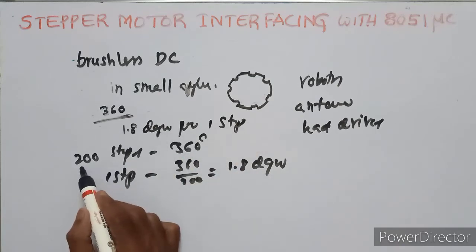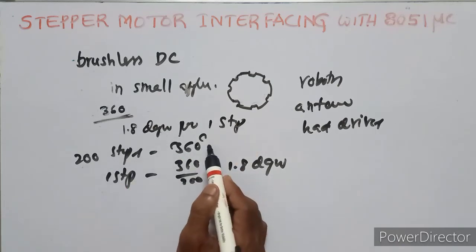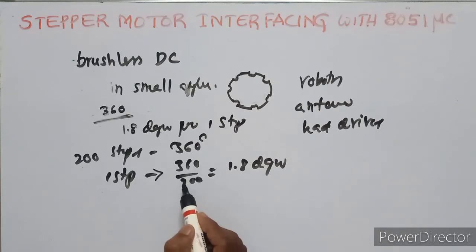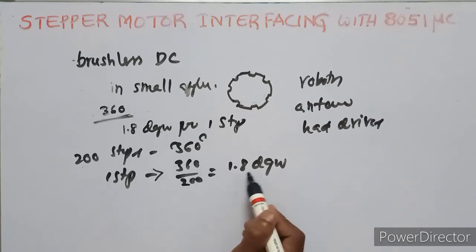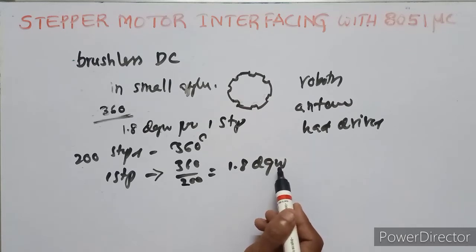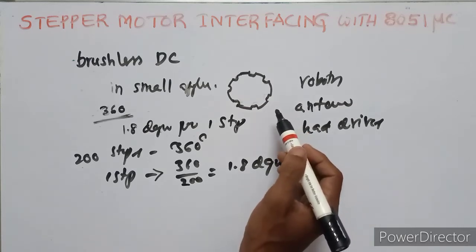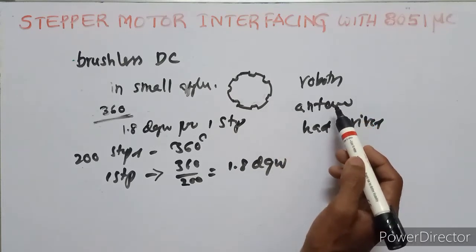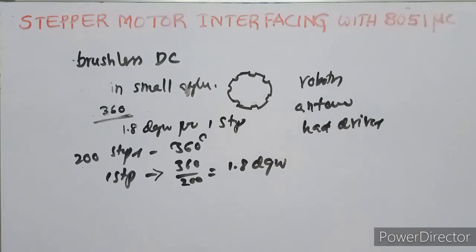One step is 360 upon 200, that means 1.8 degrees. So stepper motors are used in many devices like robots, antennas, and hard drives.